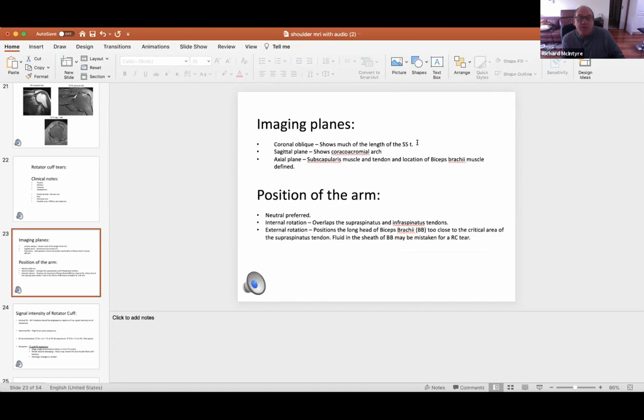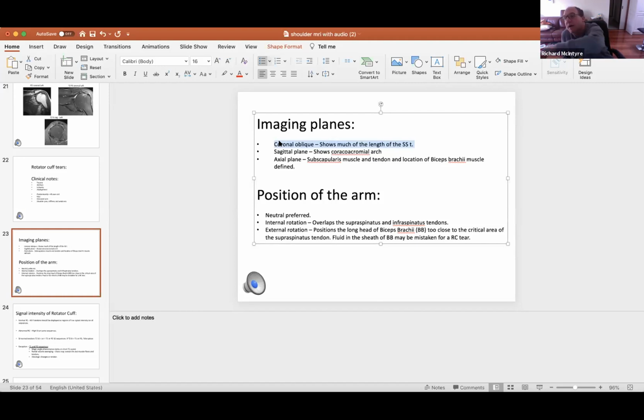Coronal oblique shows much of the length of the supraspinatus tendon, and that's what I was saying earlier on. We want to get our coronal oblique image parallel with that tendon as it passes into the humeral head. We want the sagittal plane so we can see that arch and the space between that arch and the humeral head.